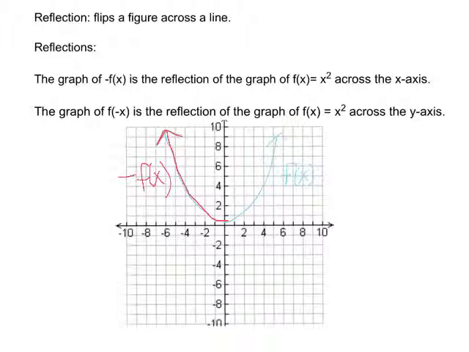Then the graph of f of negative x is the reflection of the graph of f of x squared across the y-axis. So here we have that this function represents here, and f of x represents that line, and then our red represents this line.